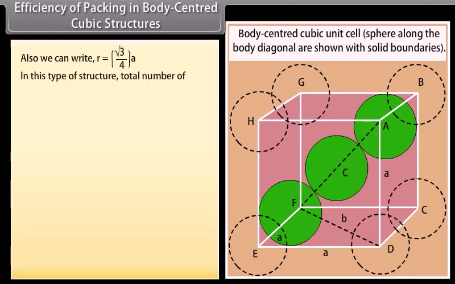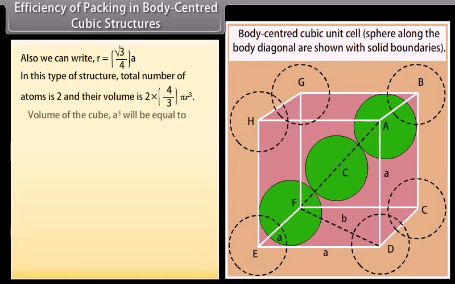In this type of structure, total number of atoms is 2 and their volume is 2 × 4/3 πr cube. Volume of the cube, a cube, will be equal to (4/square root 3 r) cube.